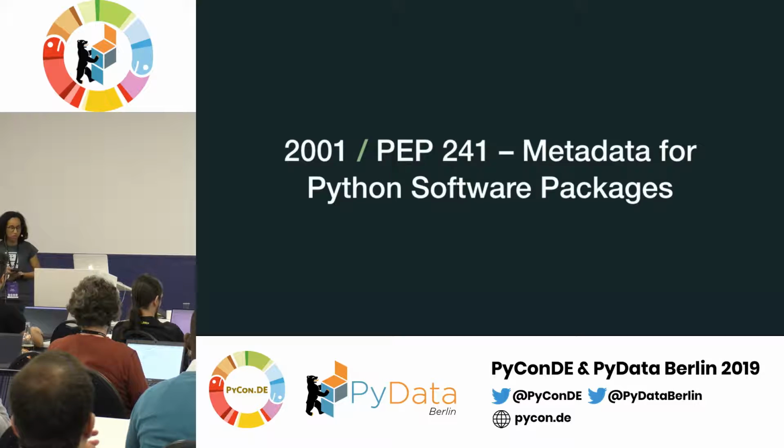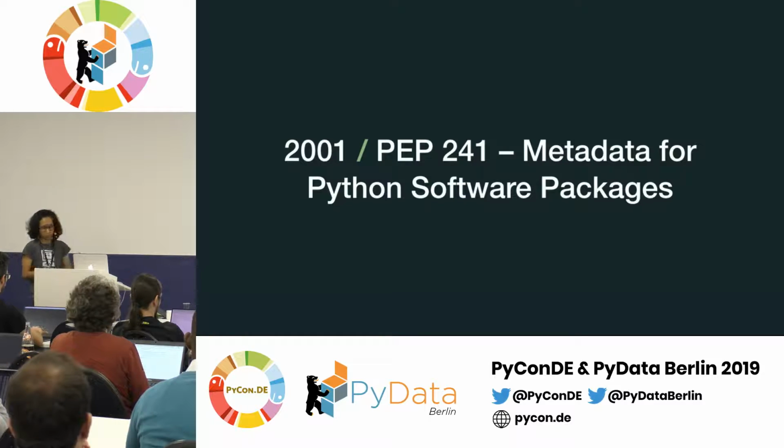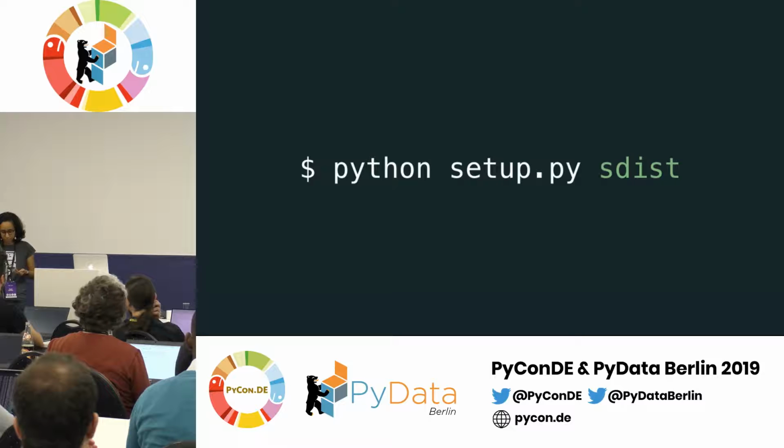So these would include things like the metadata version, the author information, license, platform supported, and so on. And these metadata would be extracted from keyword arguments by distutils sdist, and sdist would then generate the package info with all that metadata. So with this metadata, you could distribute your code for others to use.